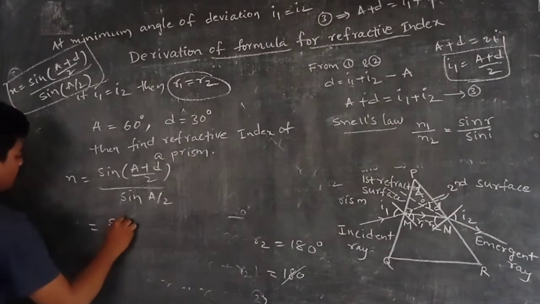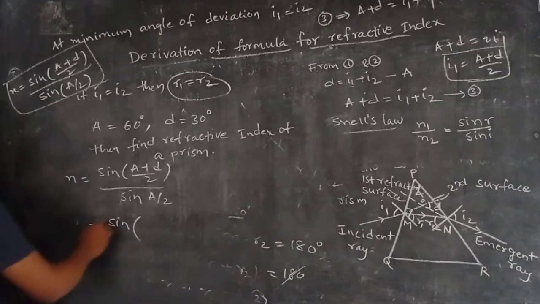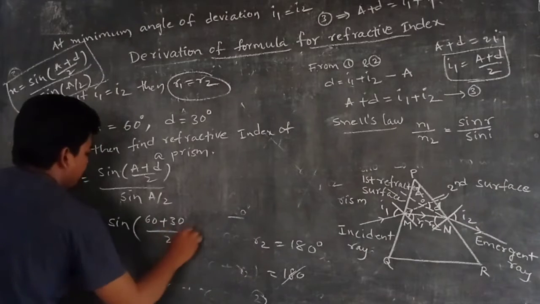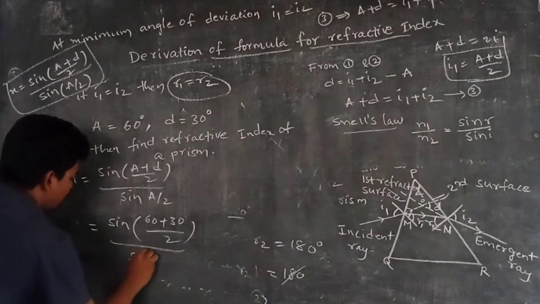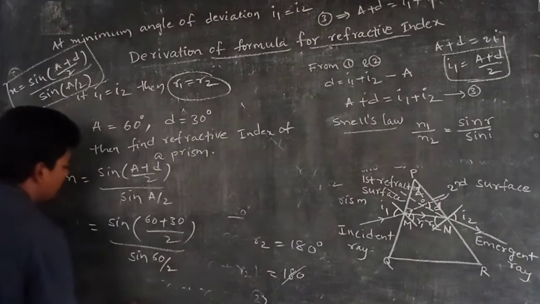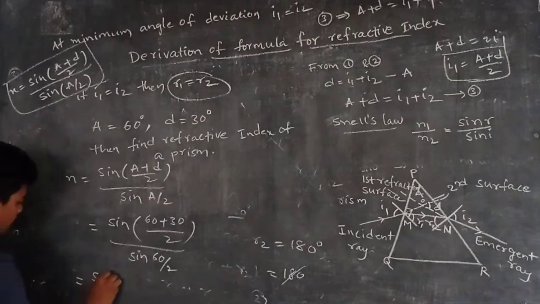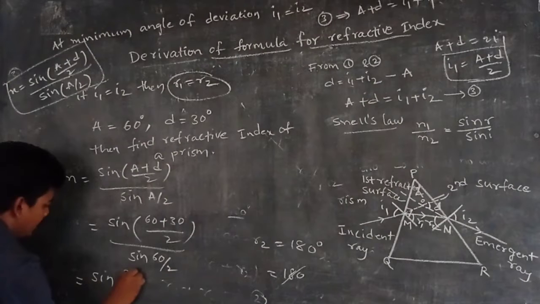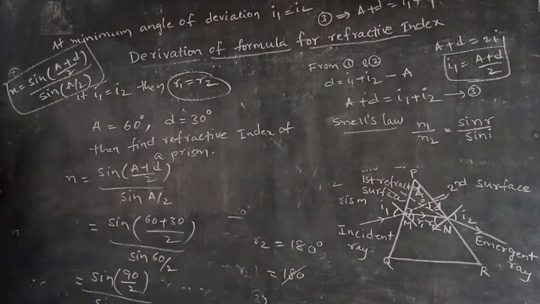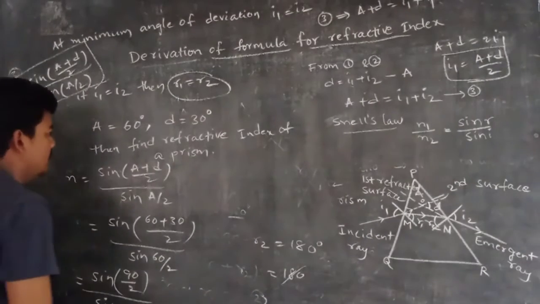That is sin of (60 plus 30) by 2, by sin of 60 by 2. 60 by 2 is 30 degrees, so sin of 90 by 2 by sin 30.